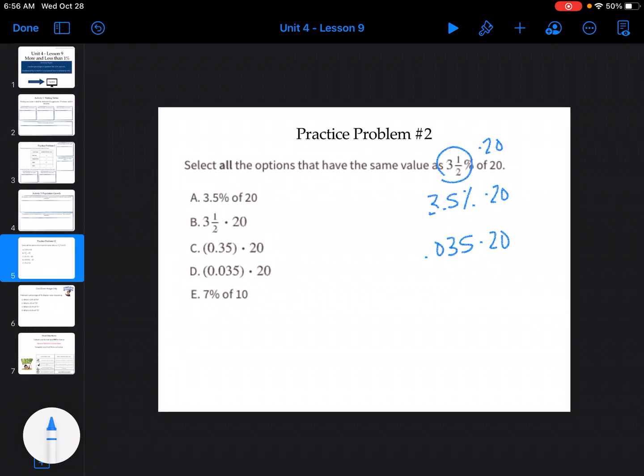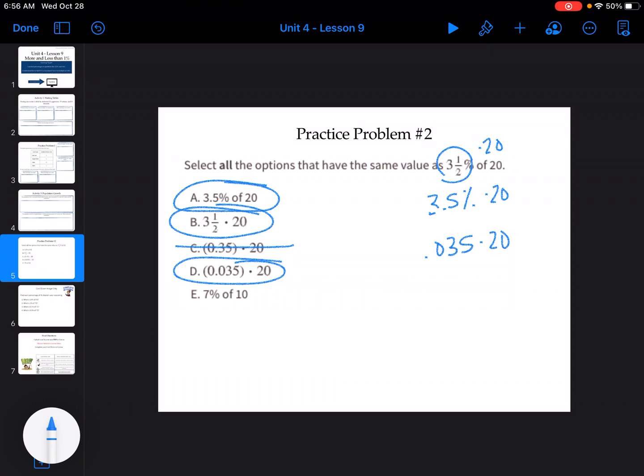Let's see what we got. 3.5%, well, that was the first one we came up with. 3.5 times 20, that was the second one. Now this one only moves the decimal over 1 place, so C's out. This one moves the decimal over 2 places, so that one's good.